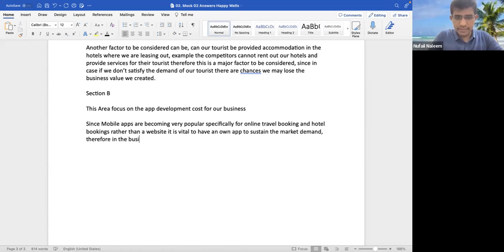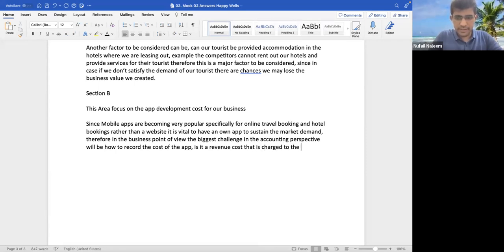Therefore, in the business point of view, the biggest challenge in the accounting perspective will be how to record the cost of the app. Is it a revenue cost that is charged to the profit or loss account?